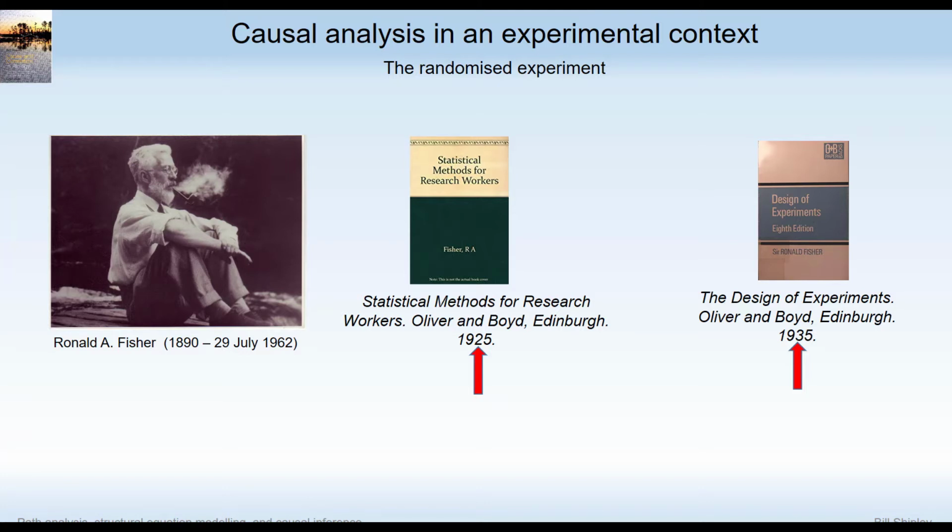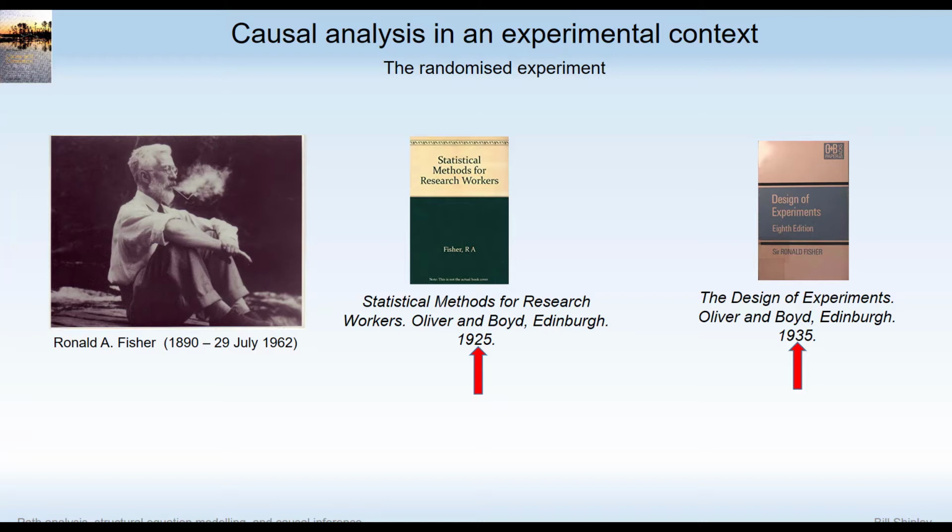He was already using and thinking about randomized experiments before that, so in his 1925 book, which deals more with statistical methods rather than experimental design, the randomized experiment was already being used. So the randomized experiment was developed sometime in the beginning of the 20th century.